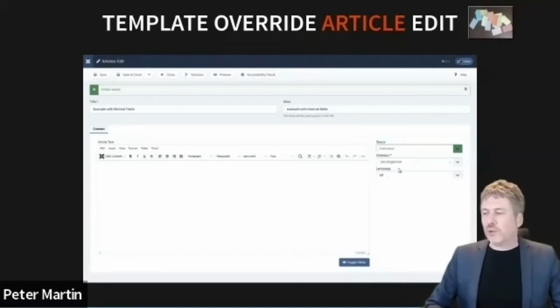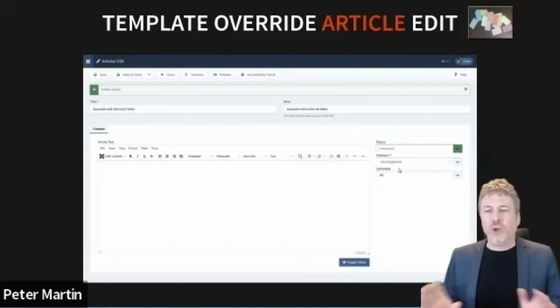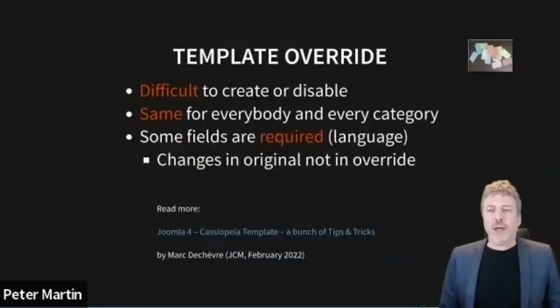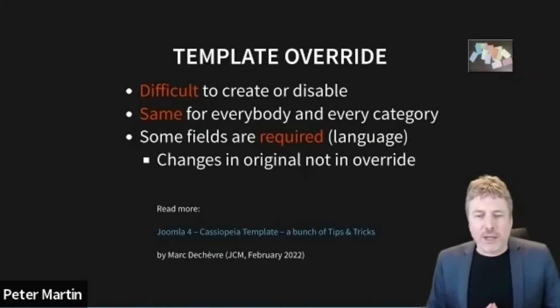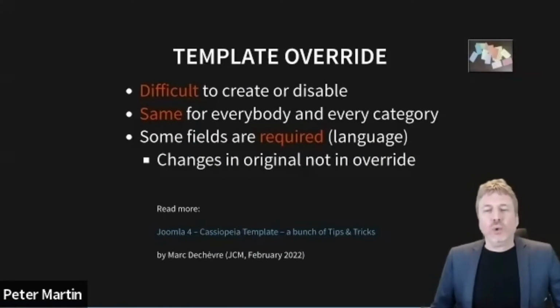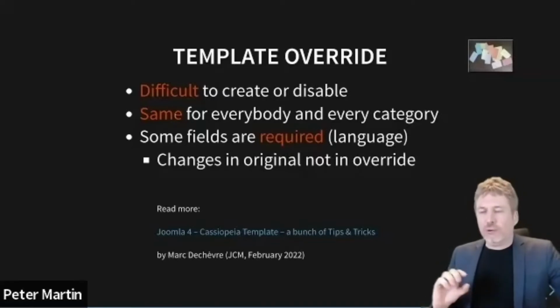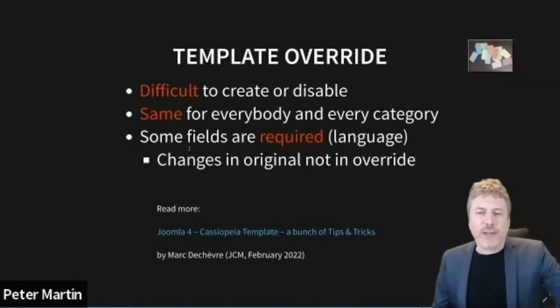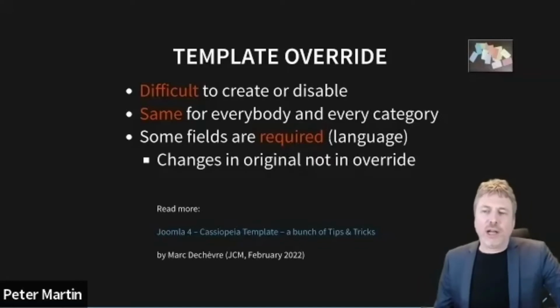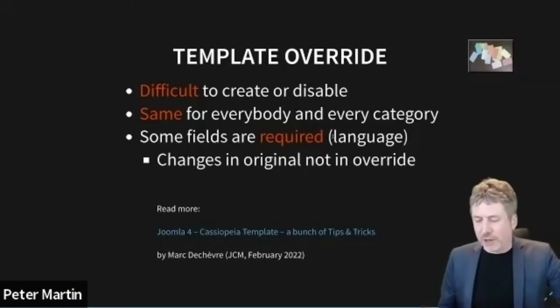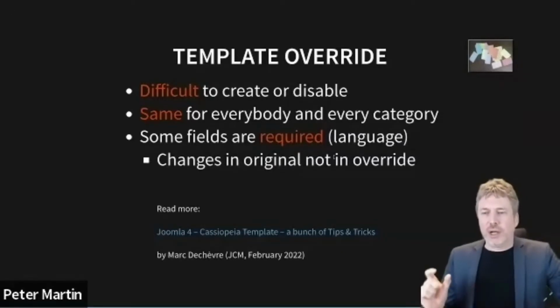So this is a nice way to make it easier, but this will be everywhere. It's a bit difficult, I mean, you have to do something in the code. It will be the same for everybody and also for every category. And some of the fields are required, like language. Even if you don't have a multilingual website, Joomla expects that you have the language there.